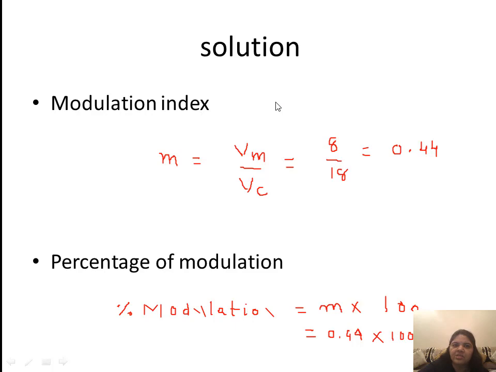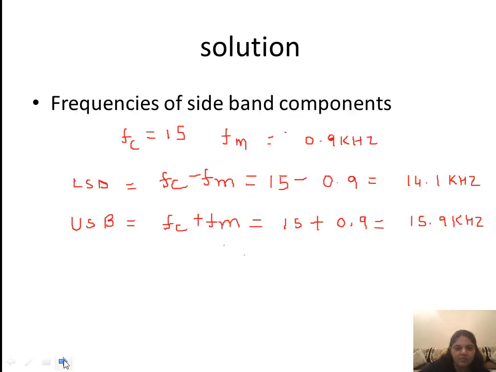Percentage of modulation: how can I find it? Percentage of m is m multiplied by 100. So 0.44 multiplied by 100 is 44%. Now we need to find the frequencies of the sideband components. Fc is equal to 15 kilohertz and Fm is equal to 0.9 kilohertz.